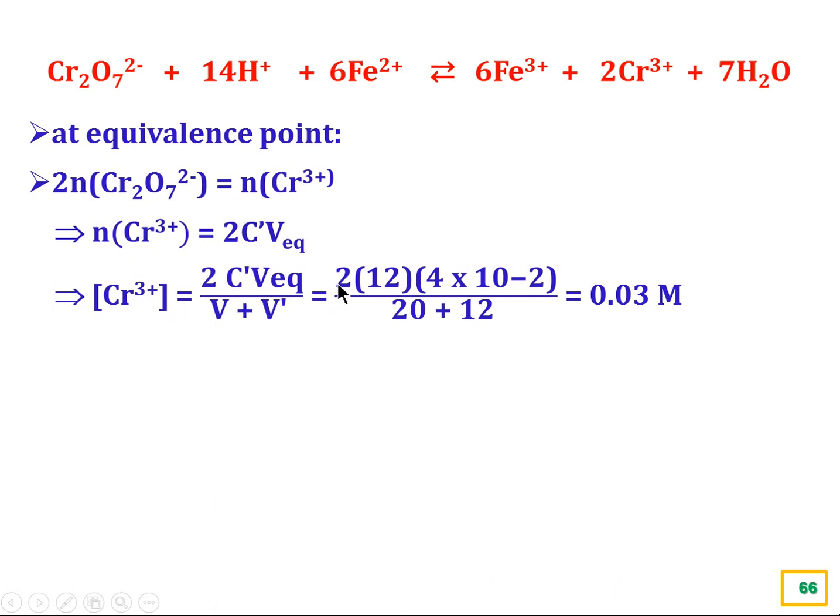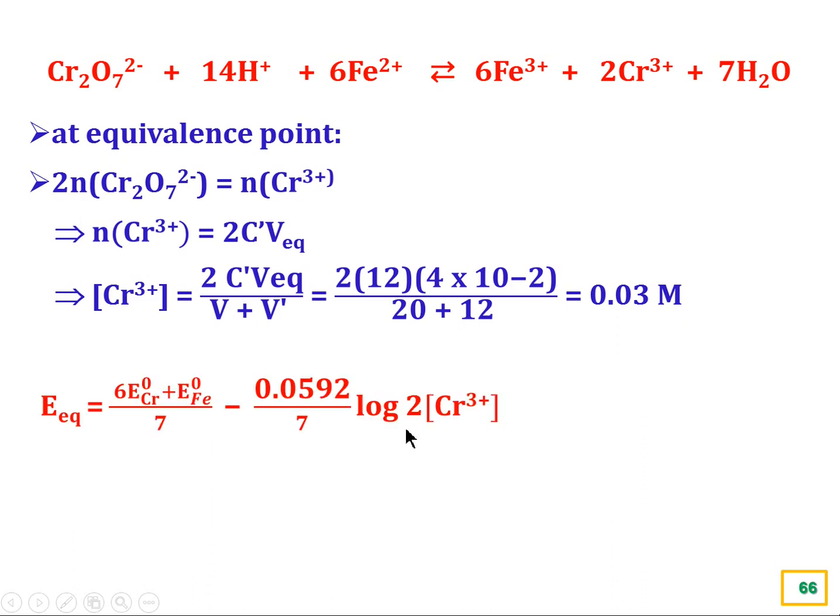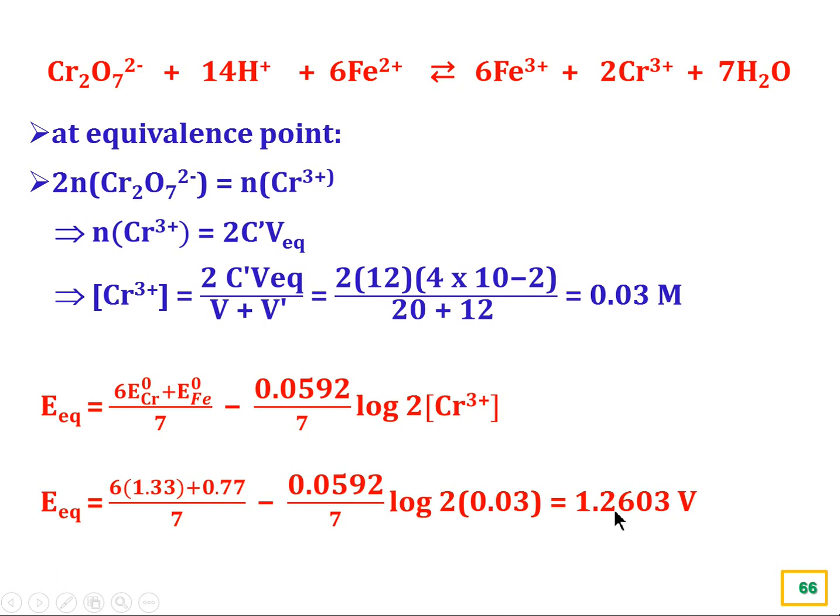So chromium equals 2 times 12 divided by 4 10 minus 2 divided by V 20, and the volume added at equivalence is 12, so equal 0.03. Then E equivalence, the potential of the solution at equivalence, is equal to 1.26 volt.